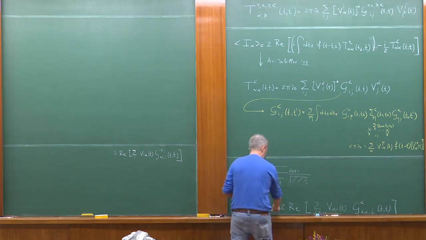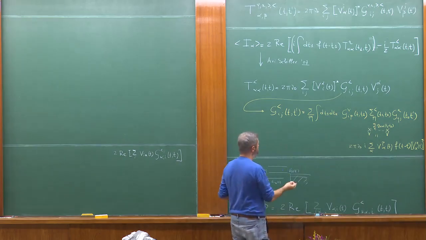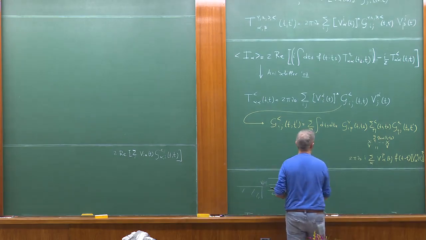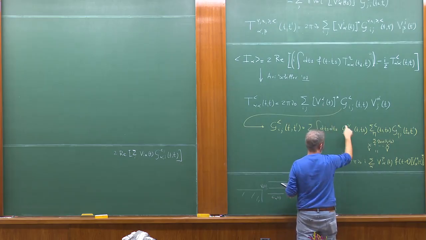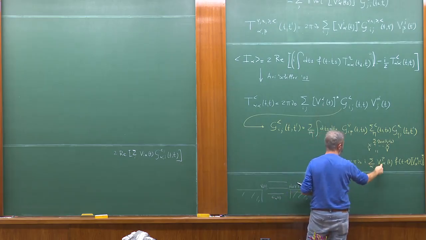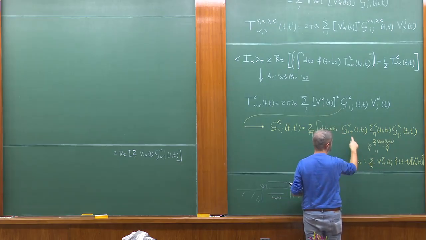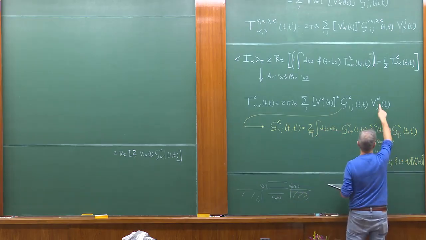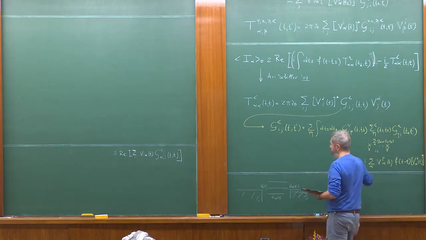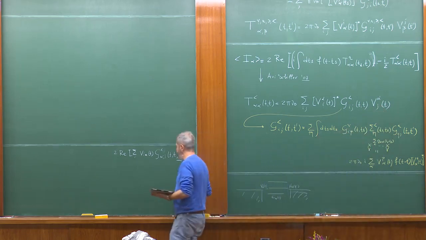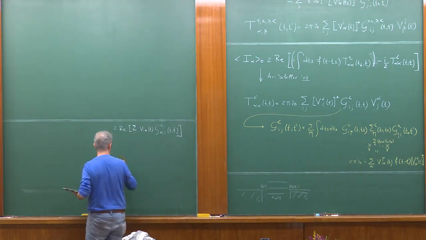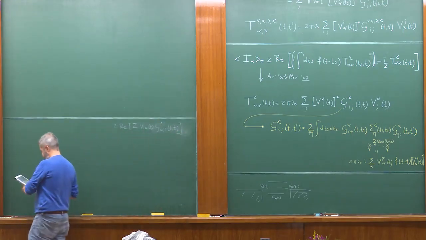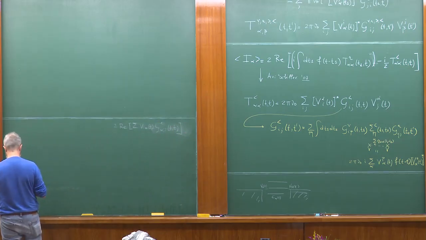All right, so now we look at this and say, well, life is easy. I have V star, G retarded, V, and then again V star, G advanced, V. Which means that I'm able to rewrite everything in terms of retarded and advanced T matrices.